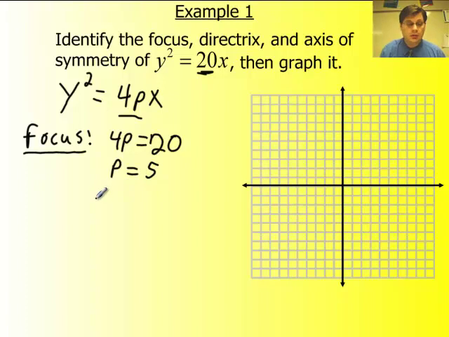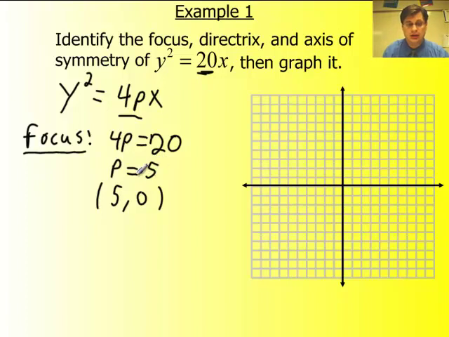So therefore, this being a horizontal parabola, the focus is going to be on the x-axis. So it's going to be at (5, 0), because when we solve it here, we can see that the sign is positive.